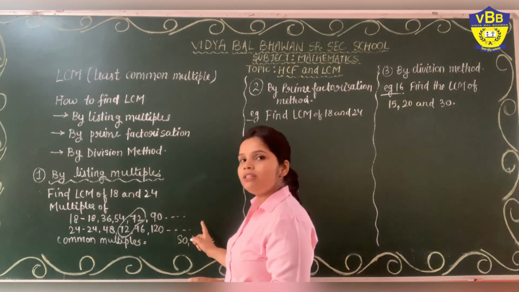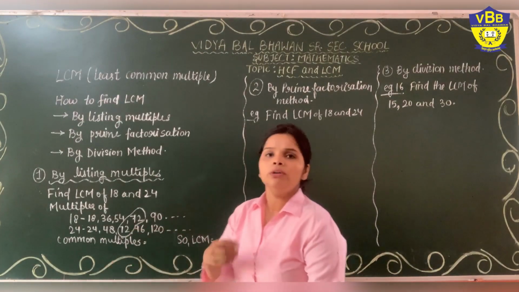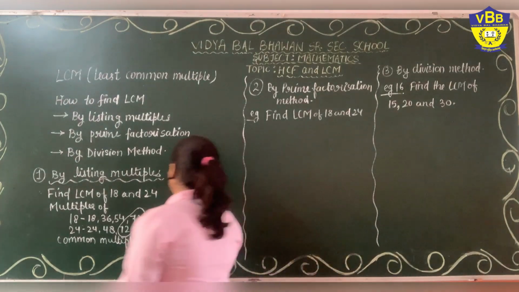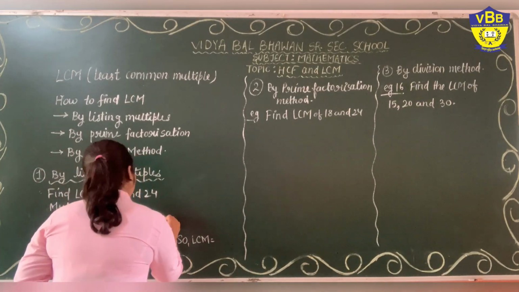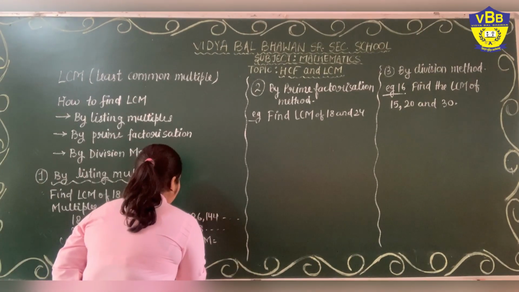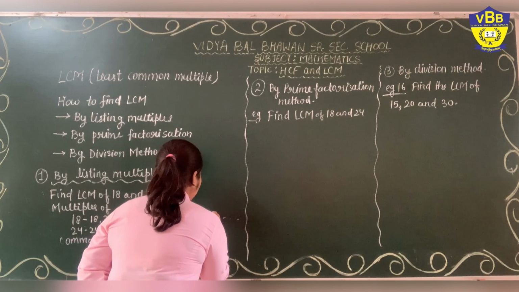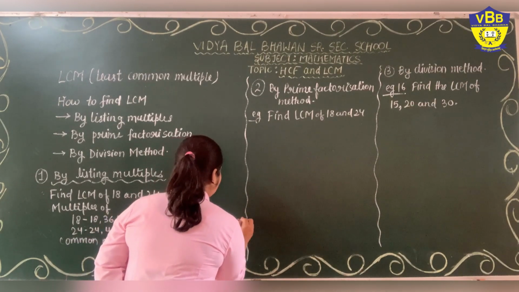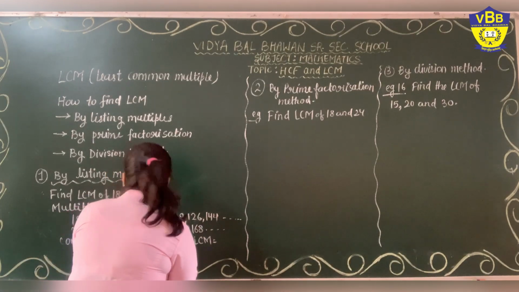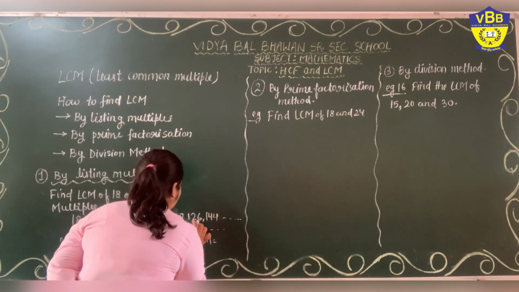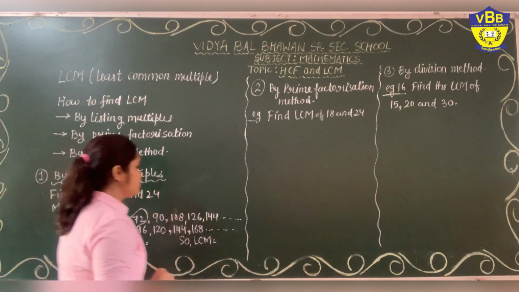When you solve further, you will get more multiples that are common. If I write the table of 18 a little more, it will be 18 6s are 108, 18 7s are 126, 18 8s are 144, and so on. I am writing some more multiples of 24. 24 6s are 144, 24 7s are 168, and so on.